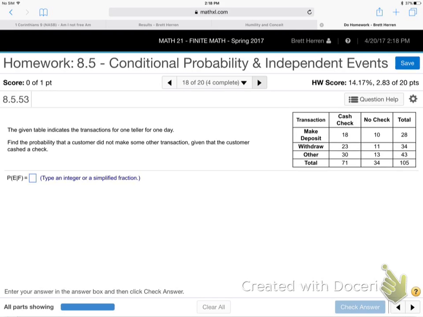All right, try that one. Find the probability that a customer did not make some other transaction, given the customer cashed a check.